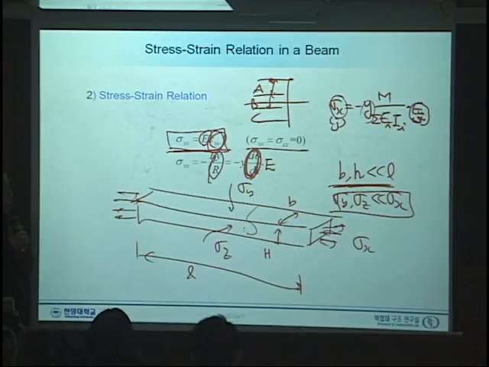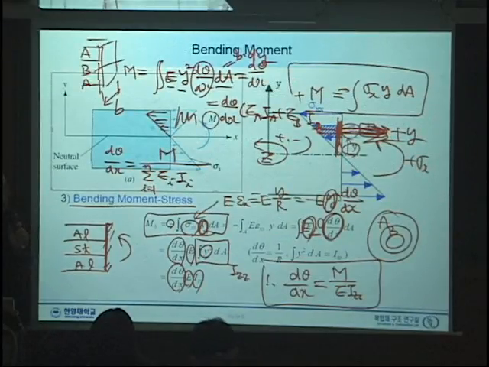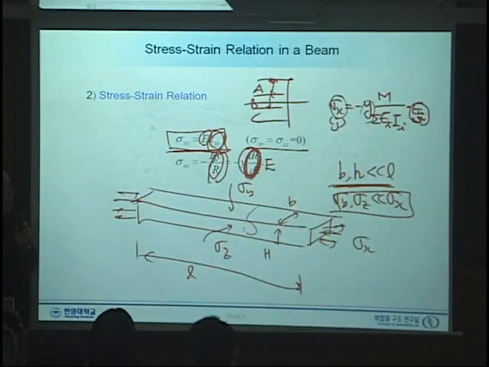And these terms are all related to strain, and strain was calculated from this step. Then why do we multiply E here? It simply calculates the stress out of strain. So to calculate the stress at a certain point, you have to multiply the Young's modulus corresponding to that position.